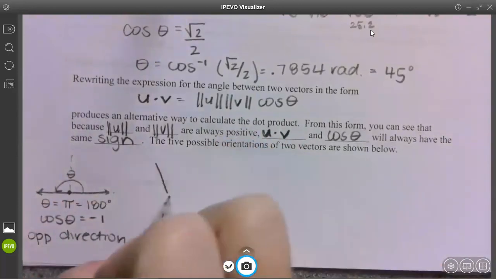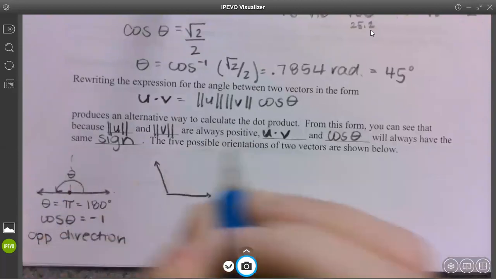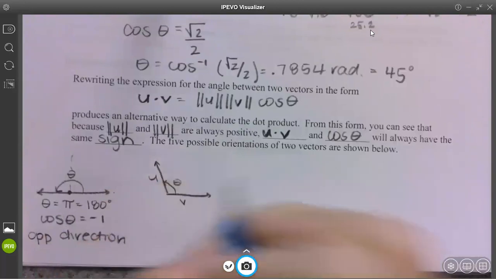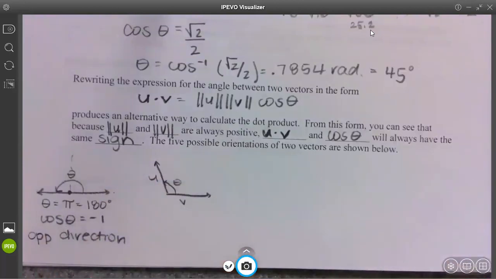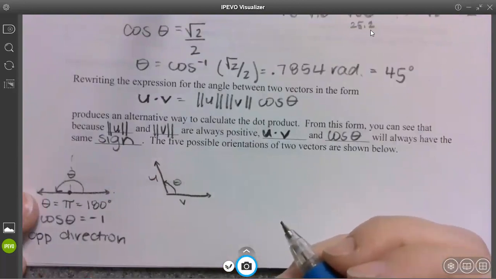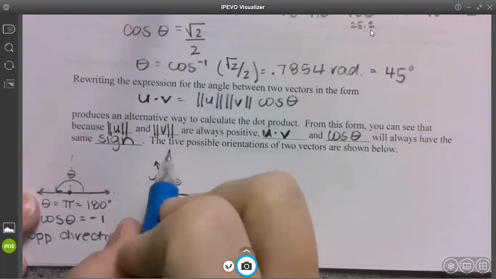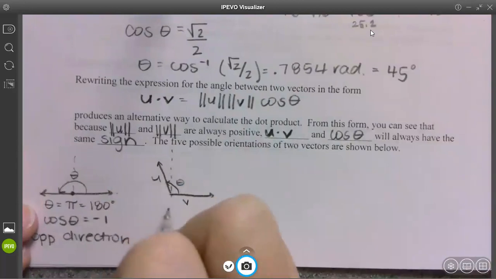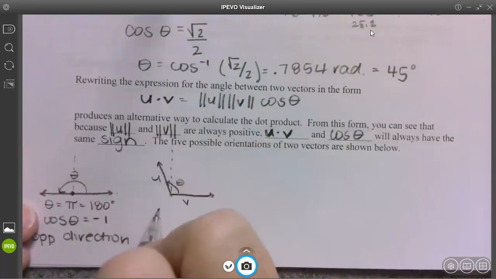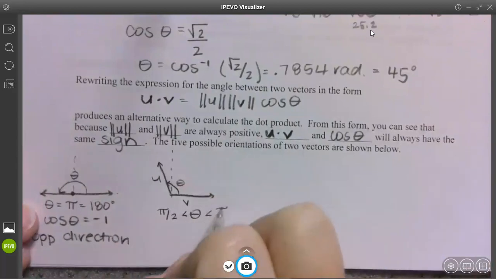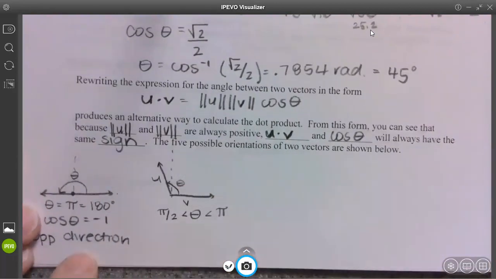Your next one. Here's u and v and theta. This angle is greater than 90 degrees. So it is found between pi over 2 and pi. So remember, pi over 2 is your 90 and pi is your 180.